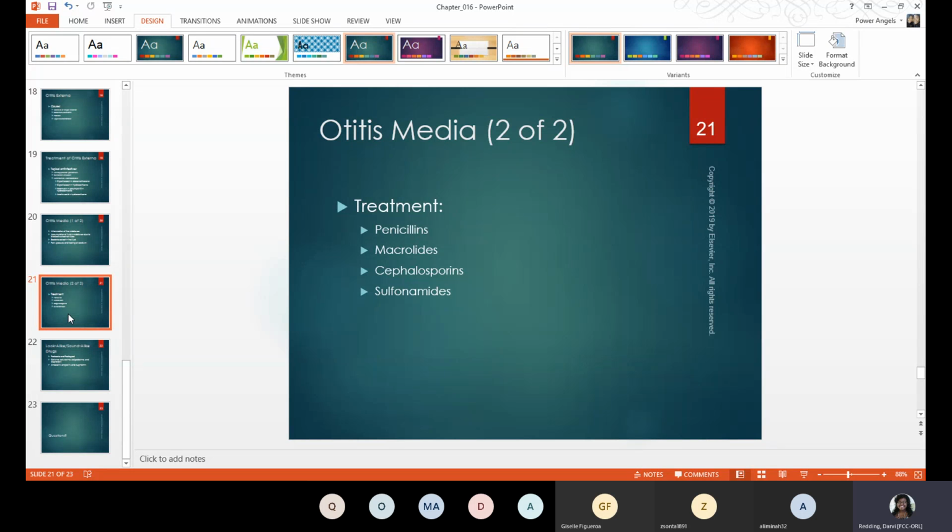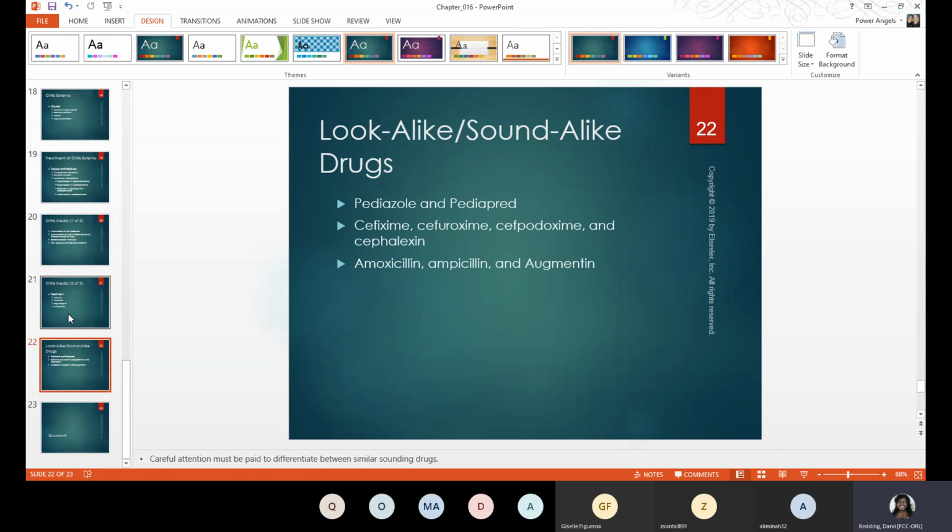And seeing that we learned about some of the treatment that's going to help with the middle ear inflammation infection, next, we'll learn about some medications to pay very close attention to because they sound alike and they look alike. So some of those examples would be pediazole and pediapred, two different medications. So pay very close attention to which drug you're selecting.